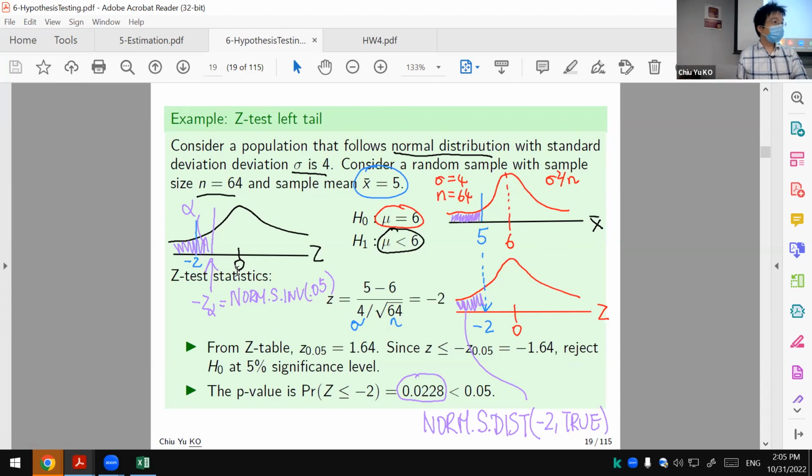Is that clear? Either the p-value is very small, or the t-statistic you calculate, -2, is way more extreme than the critical value. Either your statistic is beyond the critical value, or your p-value is less than alpha.